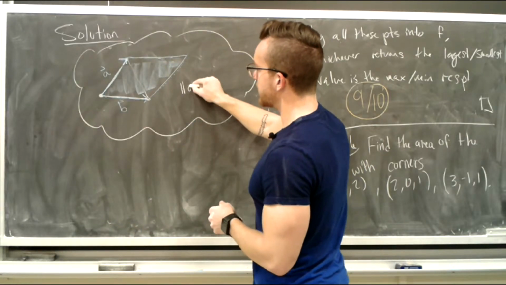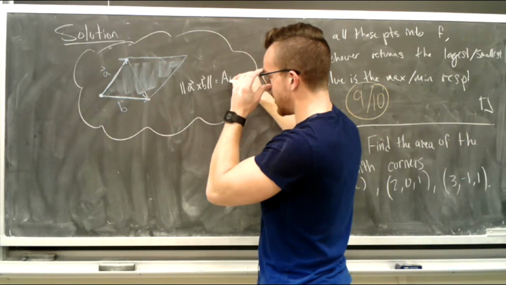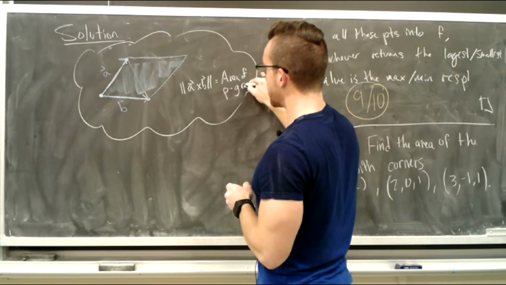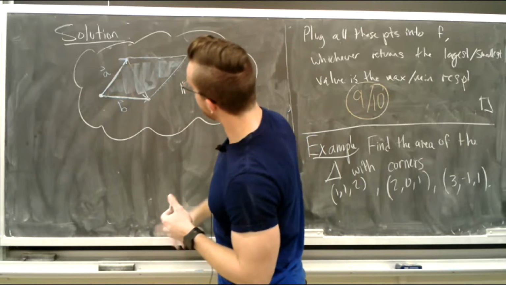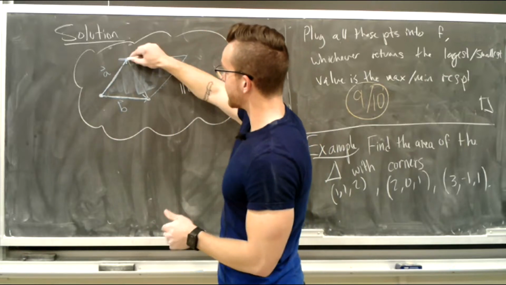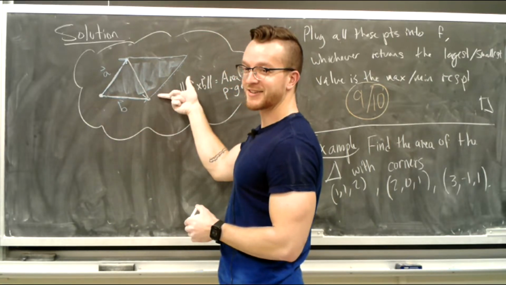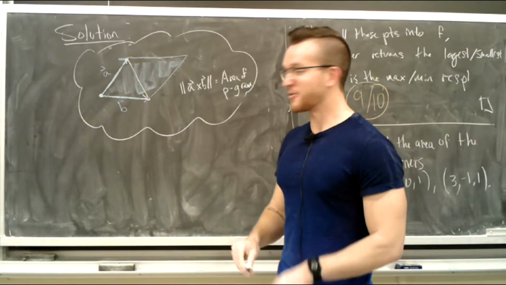So the magnitude of A cross B is the area of the parallelogram. Well, to get the triangle, it doesn't really look like it based off of my picture, but the triangle is half of the parallelogram. So I just take this and divide it by 2, and that'll do it.